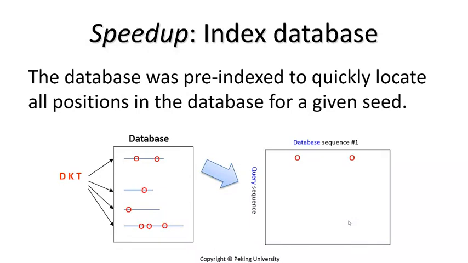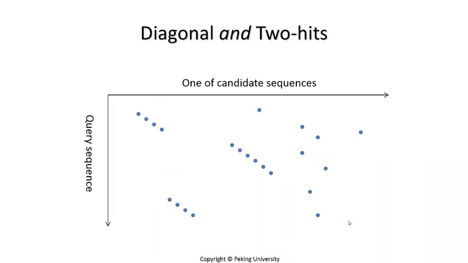Then, BLAST will search a pre-built index table of all seed words in the sequences in the database to find the query sequence's seed words, which signify candidate matches between the query sequence and sequences in the database. Students with a background in computer science may realize immediately that it would take only linear time or even near constant time to search an index table. This will improve the computational efficiency considerably.